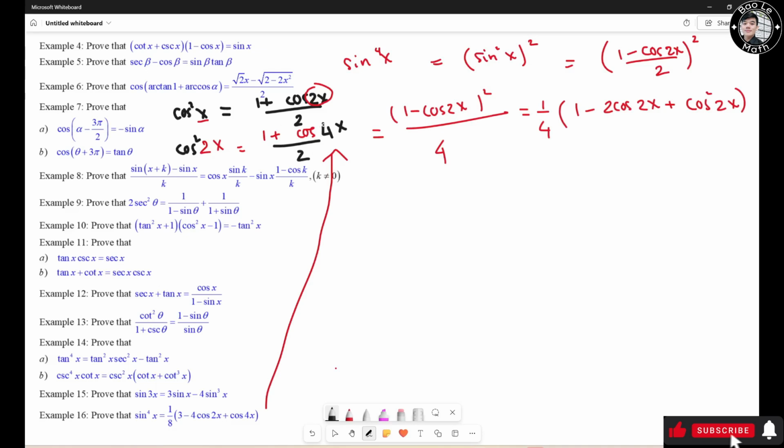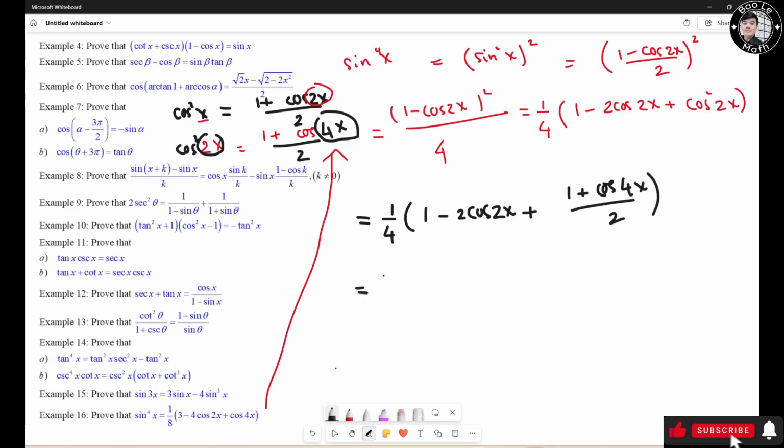Keep in mind this guy right here always doubles this guy if you use this formula. So I just apply this one over here. I just rewrite 1 over 4 times 1 minus 2 cosine of 2s plus 1 plus cosine of 4s over 2.